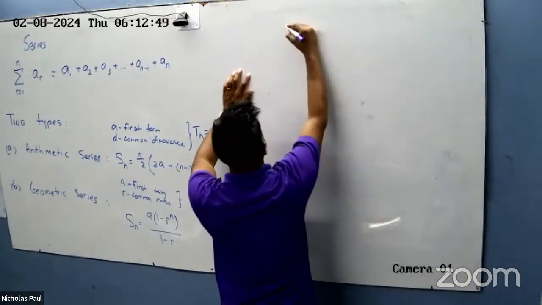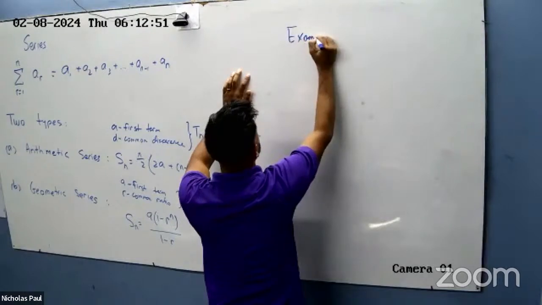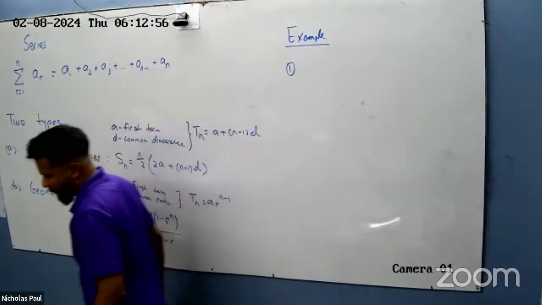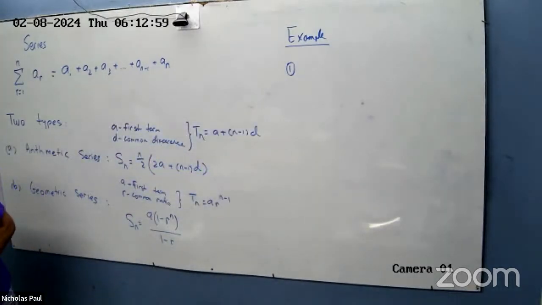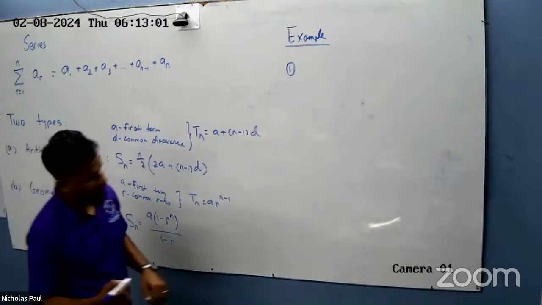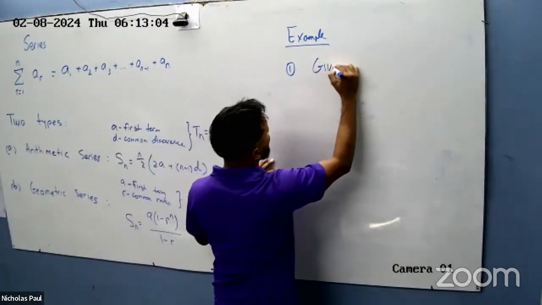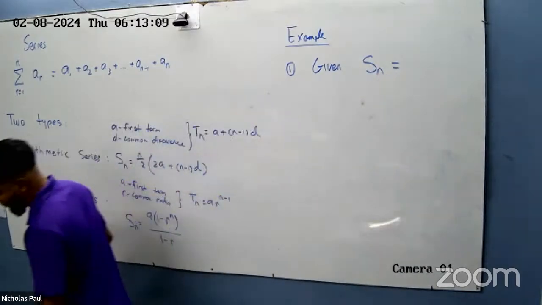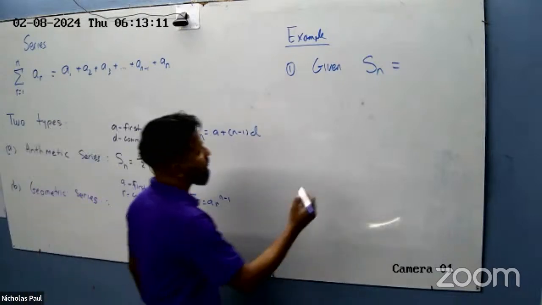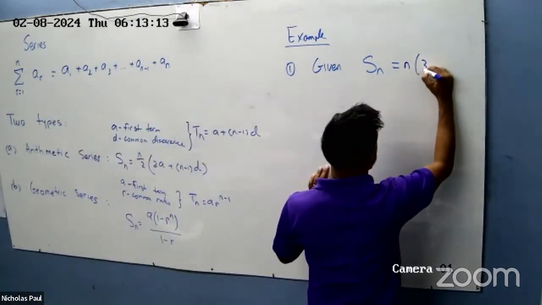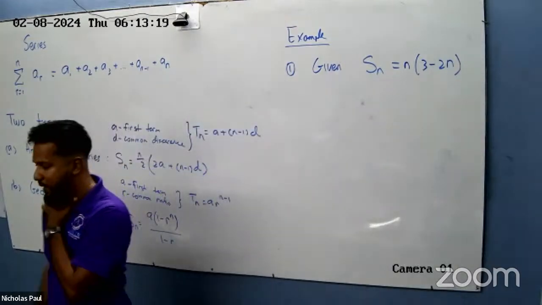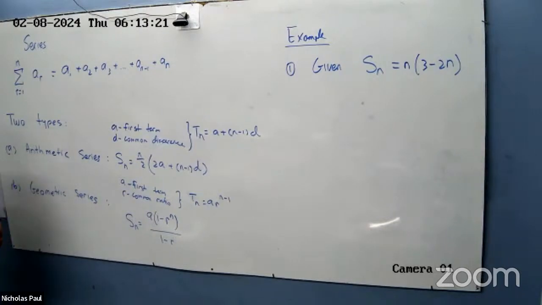All right, so let's take a look at a little example. Let's say you have a formula like that for the sum of the first n terms.